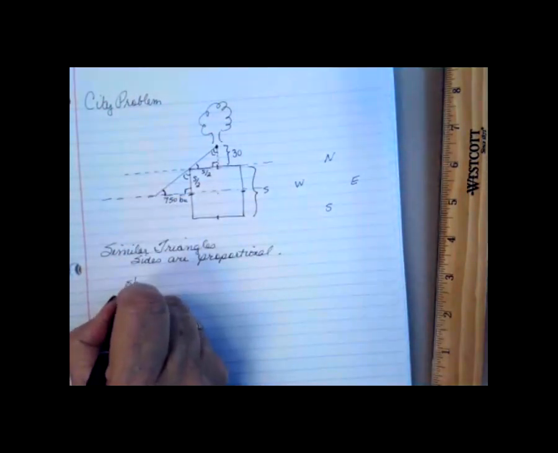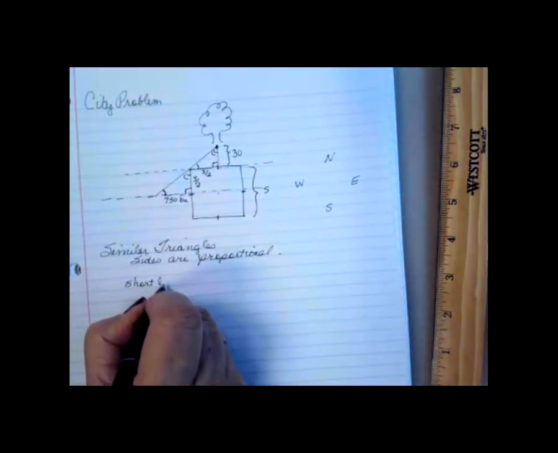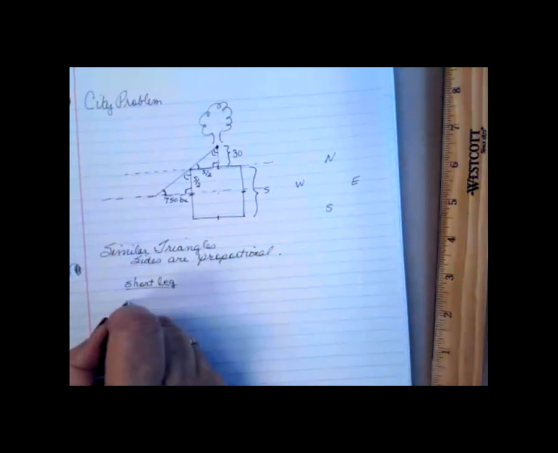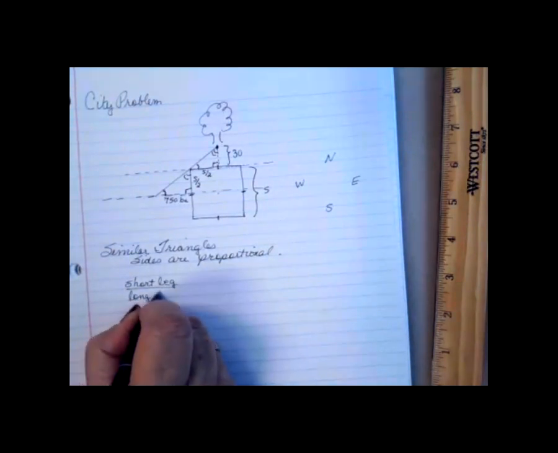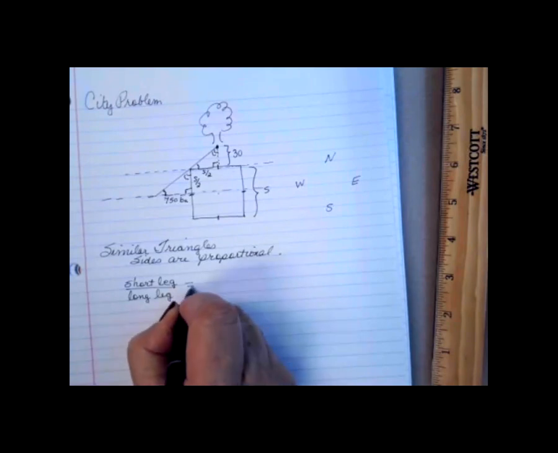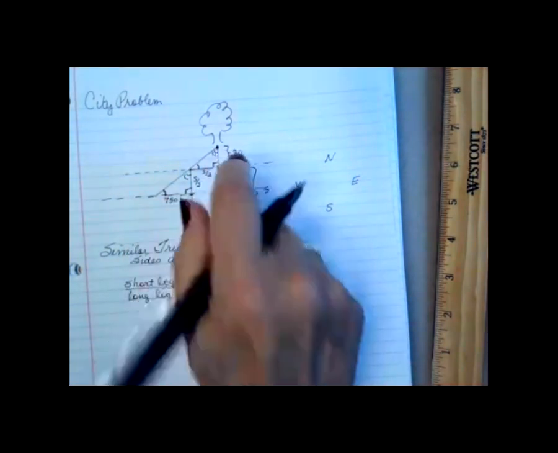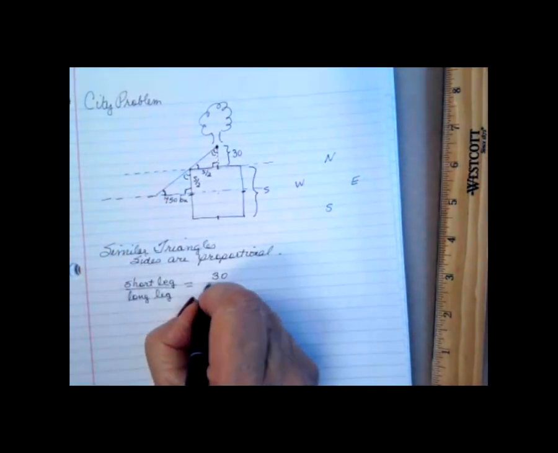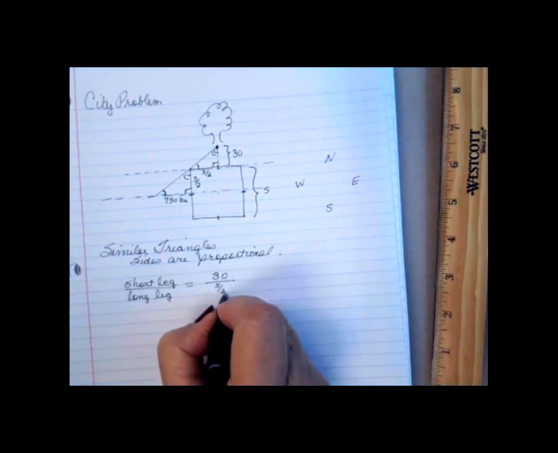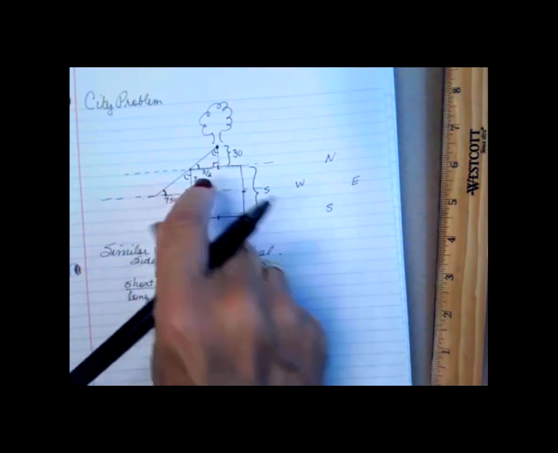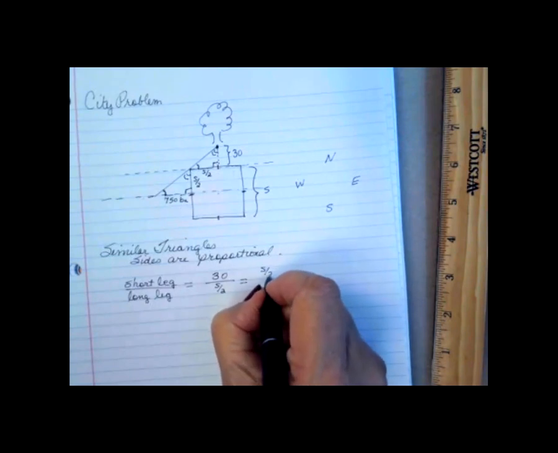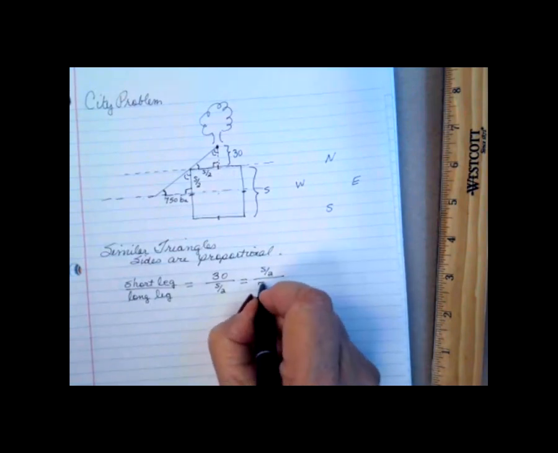So let's set up that ratio, short leg to long leg for each of these triangles. So this is 30 over S over 2, and that's equal to S over 2 over 750.